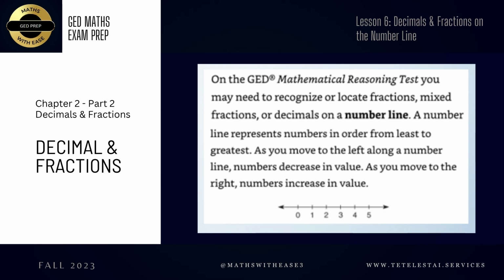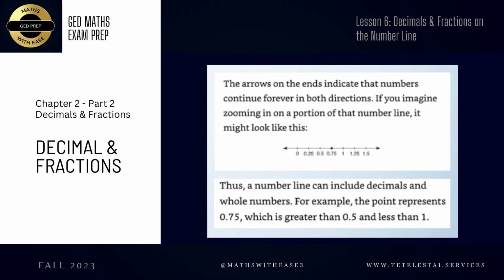If 0 is our starting point and we're moving to the right, 1, 2, 3, 4, 5. The arrows on the ends of the line indicate that the line continues forever in both directions.